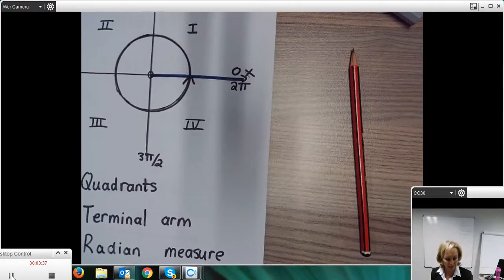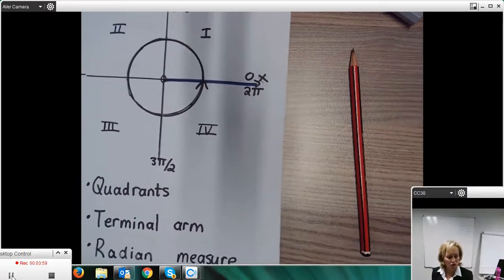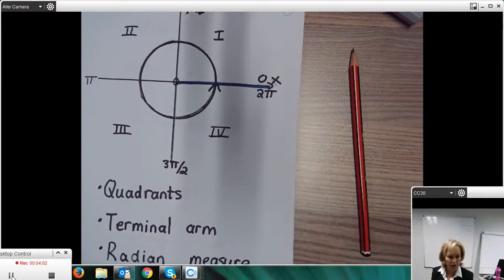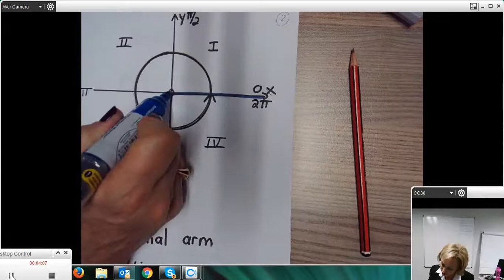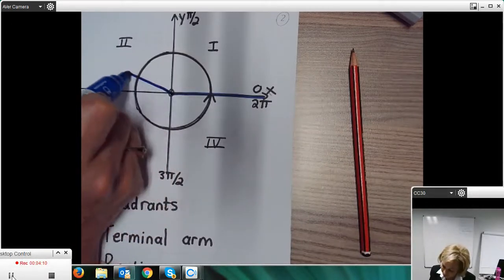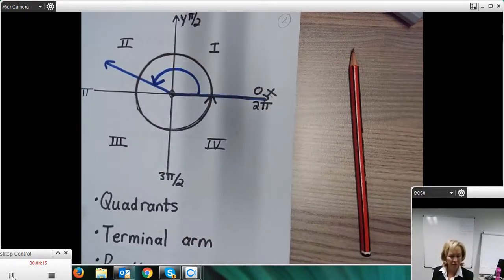5 pi by 6, so we have to decide in which of these four quadrants does 5 pi by 6 lie. We don't need a calculator to do that for us, because we know that pi by 6, 180 divided by 6 is 30. So 30 times 5, 150 degrees. So clearly 5 pi by 6 is that angle which lies in the second quadrant, 150 degrees, because it's bigger than 90 and smaller than 180. So we're going to go into the second quadrant, and we have an angle here of 150 degrees.